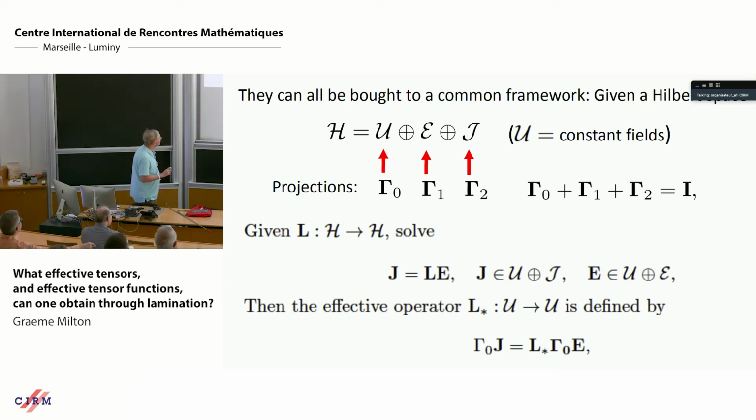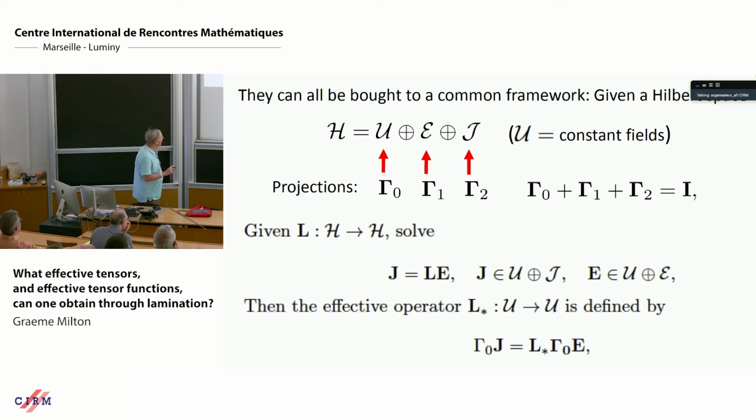Aaron Welters, I think, is going to talk a little bit more. But basically you have a Hilbert space with a decomposition into three orthogonal spaces. And then you've got some operator L mapping the Hilbert space to itself. It usually has some coercivity and boundedness properties.